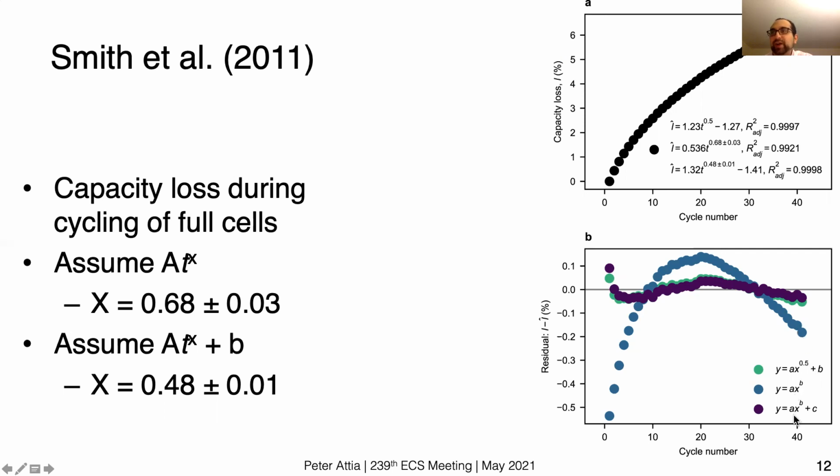The 0.5 model, the green one, and the purple one, the 3-term with the floating exponent, are pretty similar in terms of residuals. For this 3-term model, the exponent is 0.48 plus or minus 0.01. So again, just outside, arguably acceptable, but a bit different.